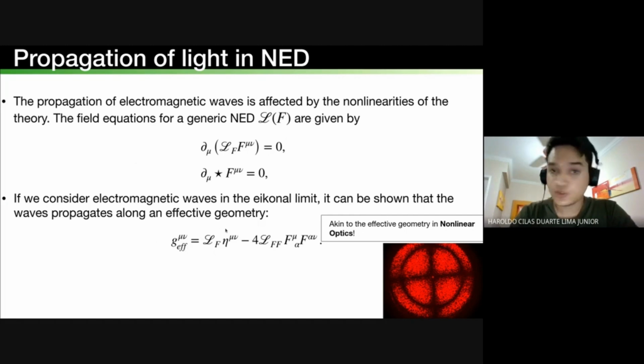This effective geometry depends on the properties of the nonlinear electrodynamics, such as the first derivative of the Lagrangian with respect to the field F, and also the second derivative. Just as a curiosity, this effective geometry here is akin to the effective geometry in nonlinear optics.